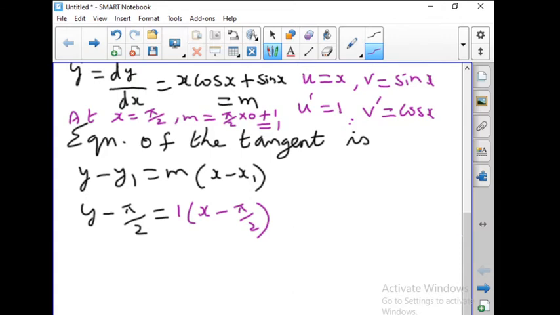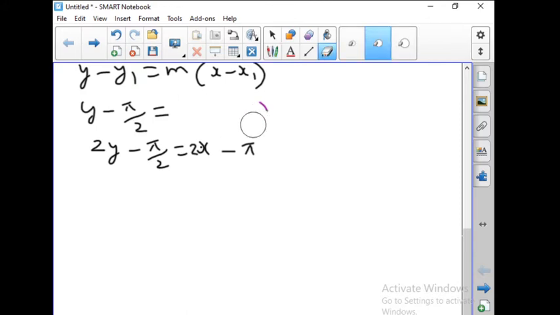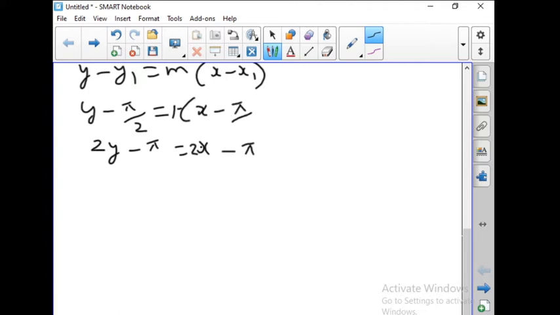Multiplying throughout by 2, or taking LCM, we can write this as 2y minus pi by 2 is equal to 2x minus pi by 2.